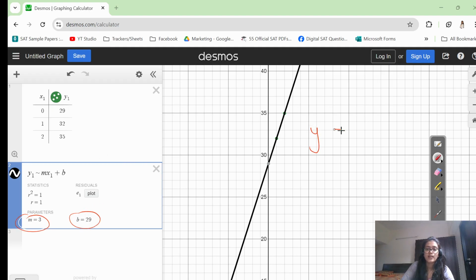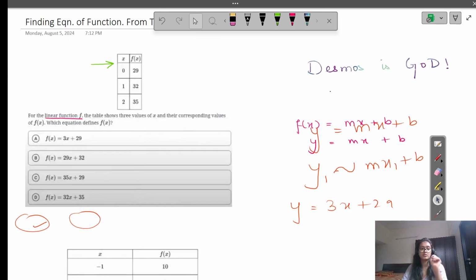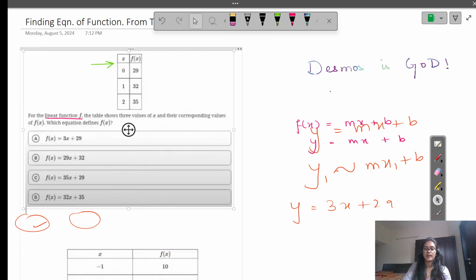So instead of typing y is equal to mx plus b, we type y1, then squiggly line, then mx1 plus b. The value of m is 3, the value of b is 29, so your equation becomes y is equal to 3x plus 29, which is option A. So option A is correct.